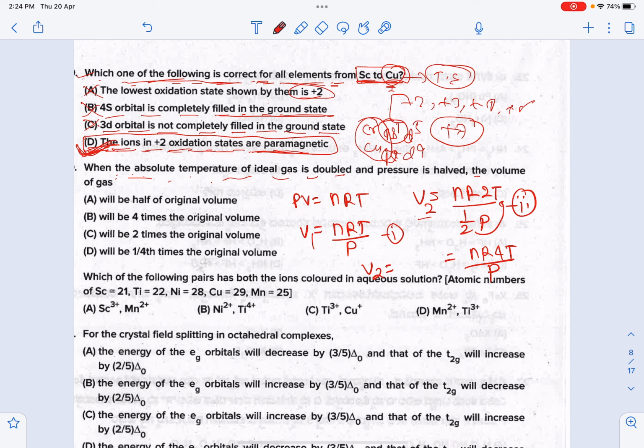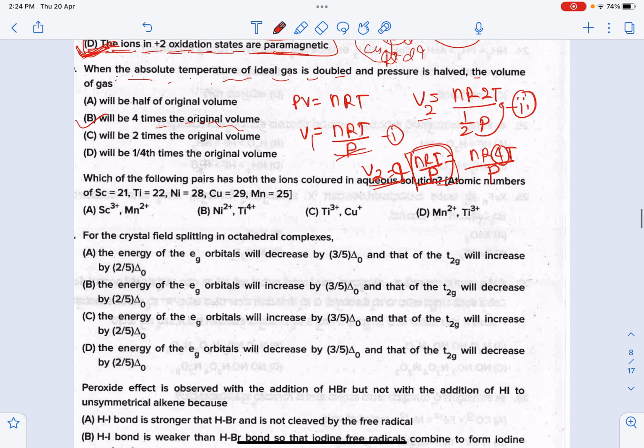Now we find the value of V2 is 4 nRT by P, this is 4, not 2. That means the gas will become 4 times the original volume. This was the original volume. So the correct option will be B.